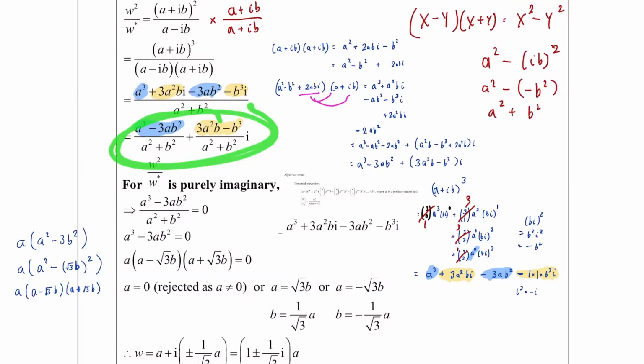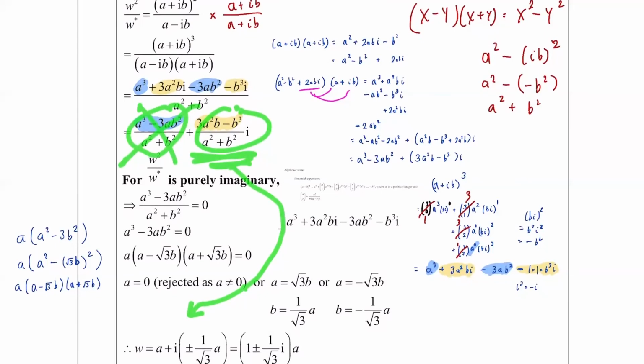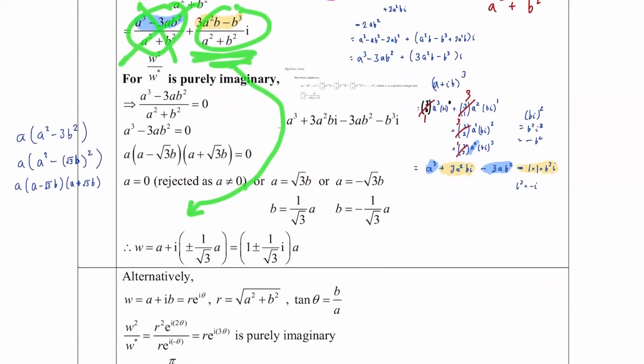Since we know this is purely imaginary, which part can we just ignore straight away? The real part. The left part can just be ignored straight away. You don't even need to look at it. Just focus on the right side. So it is purely imaginary. That means that we just need to take this expression and, oh wait, are they asking for w or w star? Oh, they're asking for w.